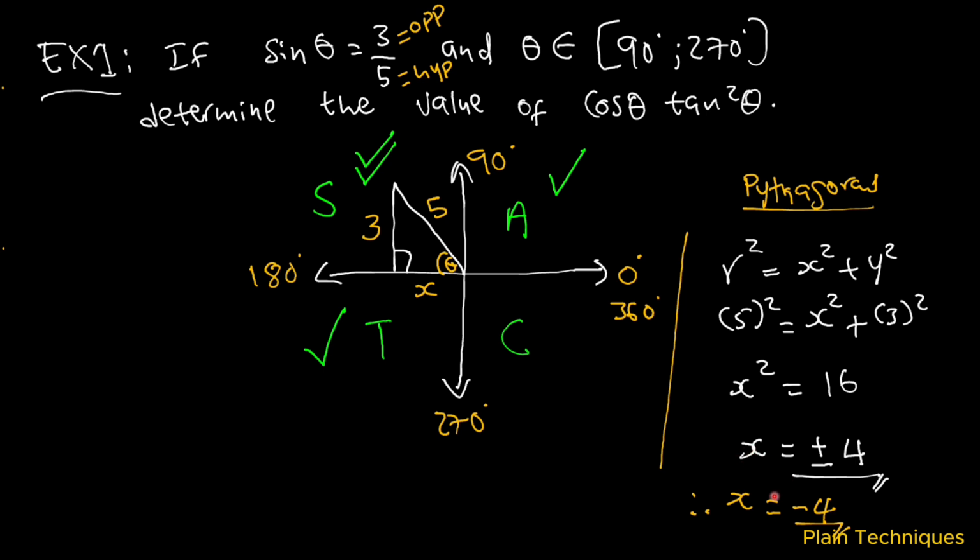Now we managed to determine the value of x. Okay, I'm going to remove x and put minus 4. So this is now known as minus 4. All right, great. Now let's go back to the question.